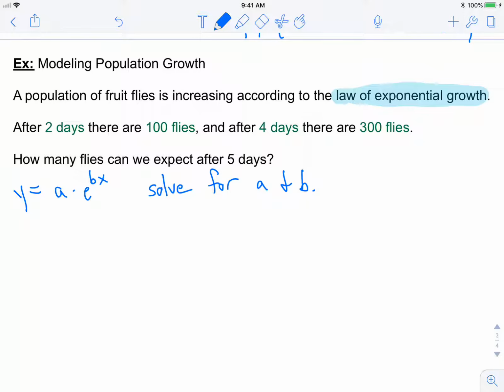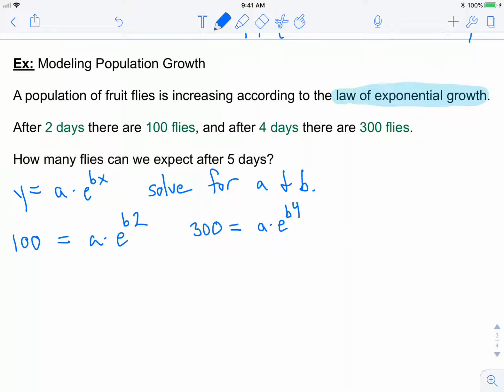Okay, so let's see what we can say here. After 2 days, there are 100 flies. So that means that our output of flies is 100 when we plug in 2 for x. And similarly, after 4 days, there are 300 flies. So we output 300 flies when we input 4 days.